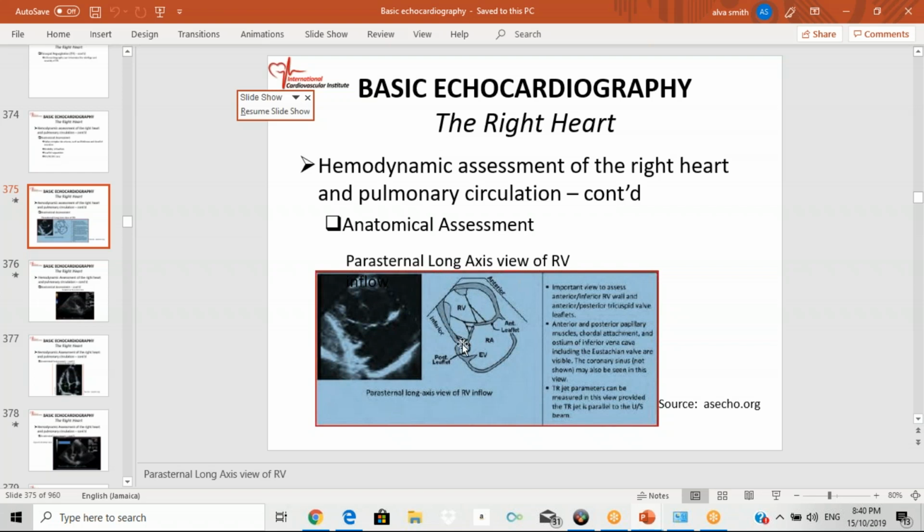Okay, your tricuspid apparatus is right there. The posterior leaflet is right there. The anterior leaflet. Your eustachian valve is right there. This is the right atrium, and then the coronary sinus is going to be right there, and your inferior vena cava is usually right there.